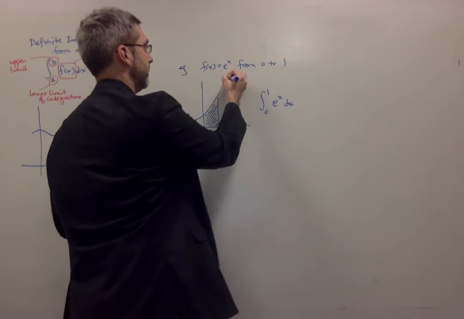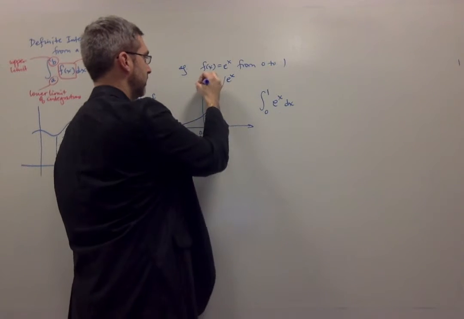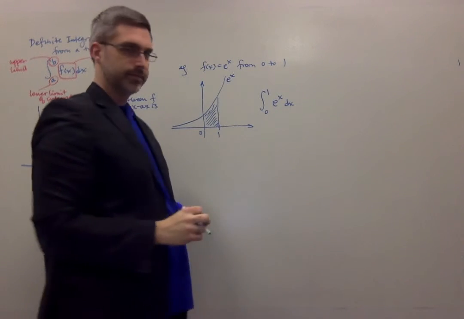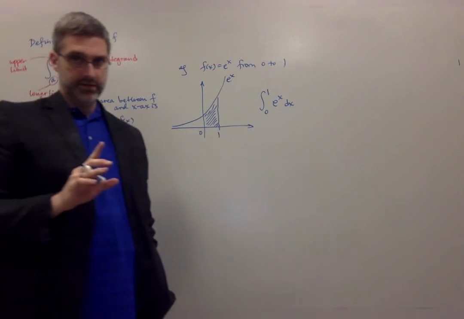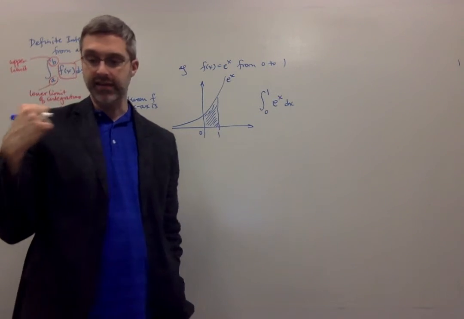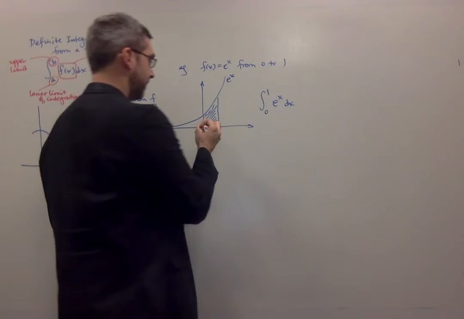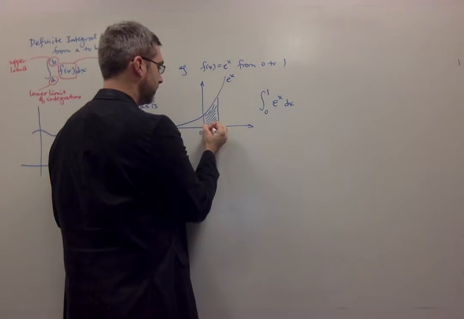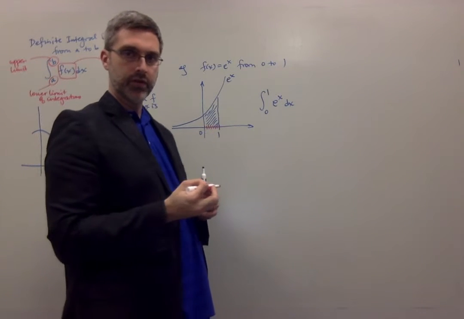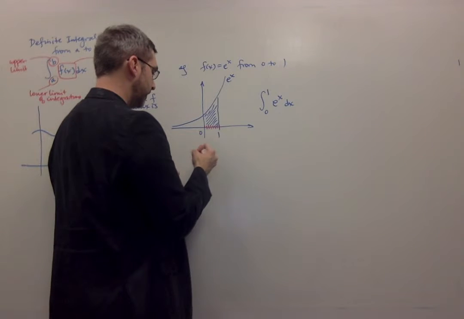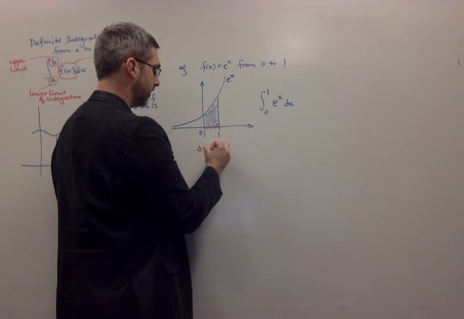The area between the function and the x-axis between 0 and 1. Now, if I were to try to calculate this, what I would have to do is that step-by-step process that we were talking about before. So, for example, I would have to cut up my interval into n pieces, just like we were doing before. The widths would be, in this case, 1 over n, right?